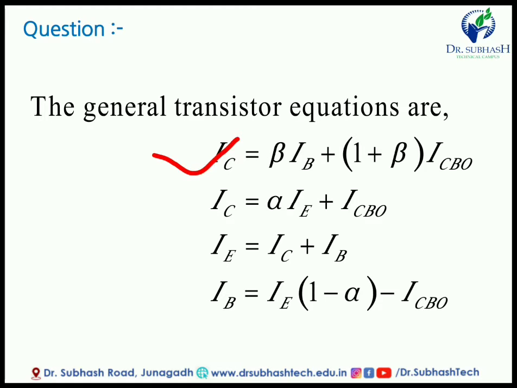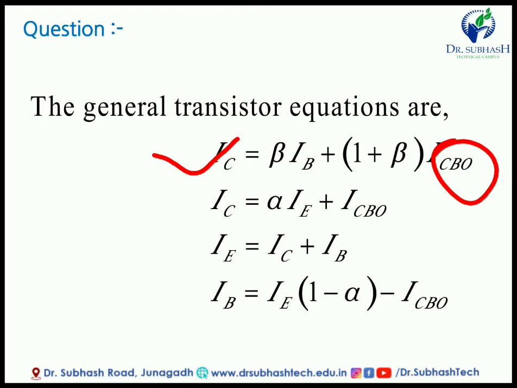Whenever we want to find the collector current, it depends totally on the beta value: beta IB plus (1 plus beta) ICBO. ICBO is nothing but the collector current when the base is open, means it is reverse conduction mode. In reverse, due to minority charge carriers, this ICBO current flows whenever the transistor is in off state.